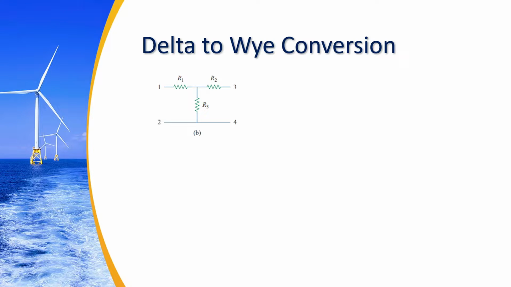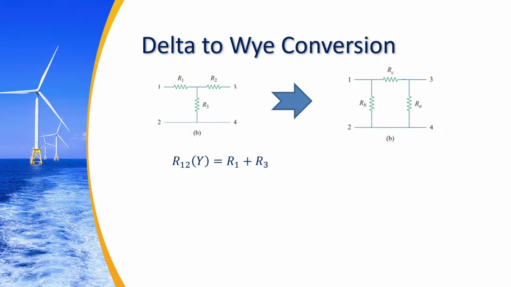Next. So, para sa T network, matatransform natin yan into pi network. Okay? So, let's define na yung R12 dito kay T network or Y network ay equal sa R1 plus R3.